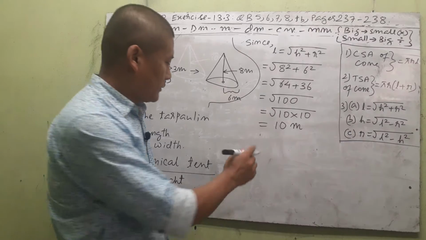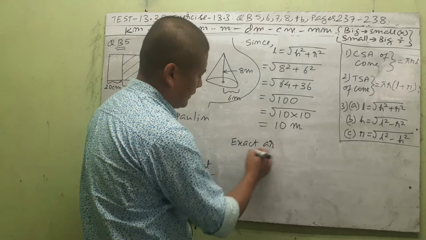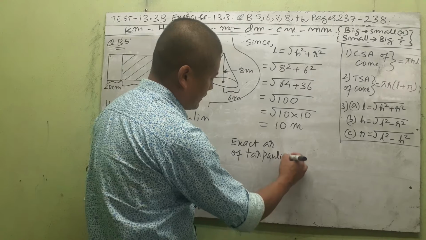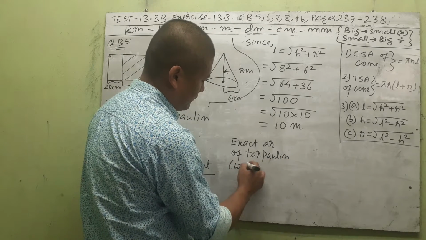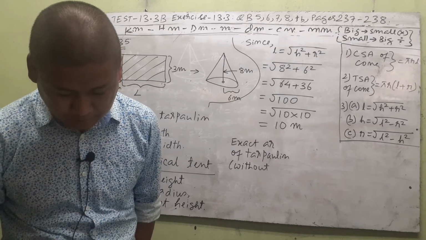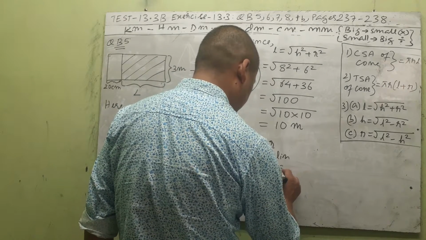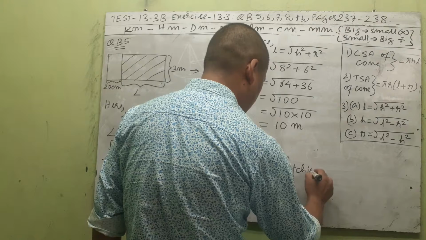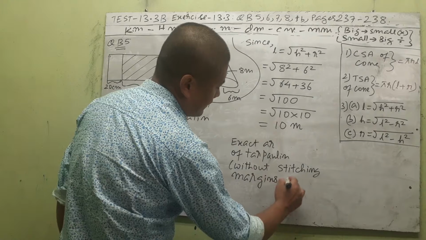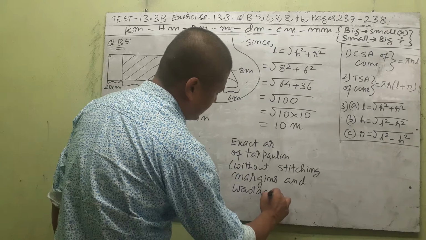So you can write here exact area of tarpaulin without stitching margins and wastage. The exact area that is going to be required, well, let us calculate that.